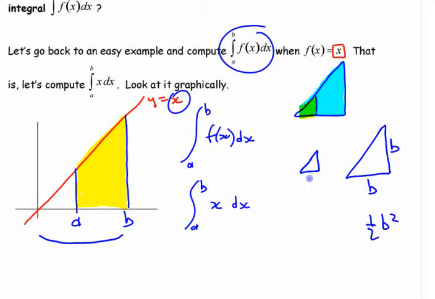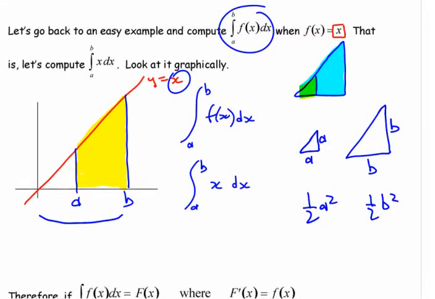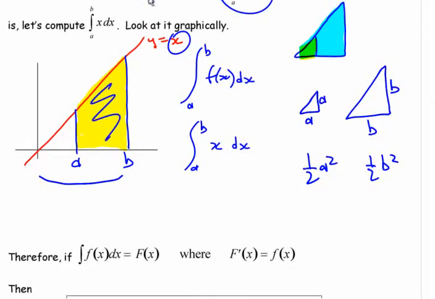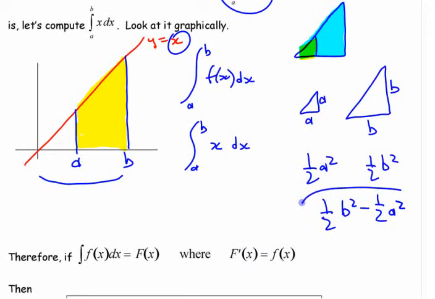And what's the little triangle? 1/2 A squared. So the area of this yellow part in here is 1/2 B squared minus 1/2 A squared, right? It's the leftover part. This is the area in this particular case.